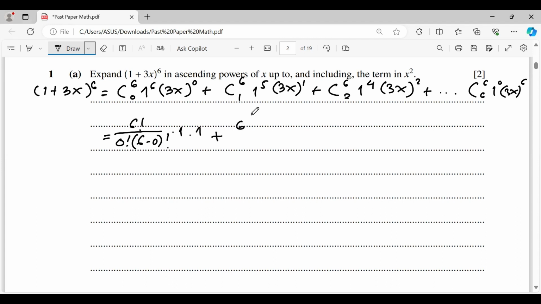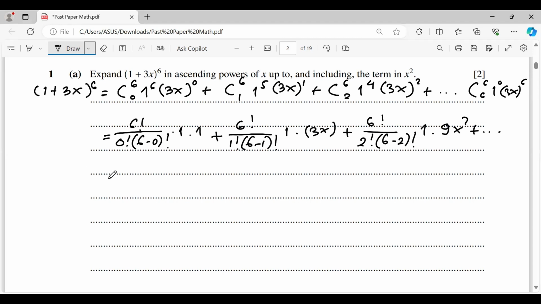And this is 6 factorial over 1 factorial times (6 minus 1) factorial, 1 power 5 equals 1, times 3x, plus combination 6, 2, 6 factorial over 2 factorial times (6 minus 2) factorial times 1 times 9x squared.